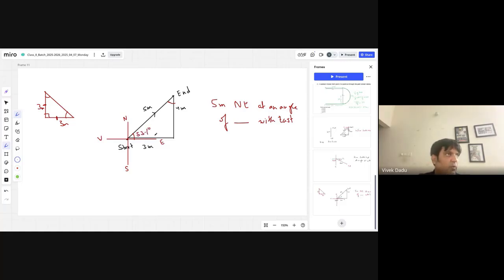53.1 degree. But don't worry about that. It's impossible to do perfect construction. There will be small errors here and there. So what I will do now when I give you the next homework is that you will have to find the angle the way we learned just now. But I will not give you the accurate value.